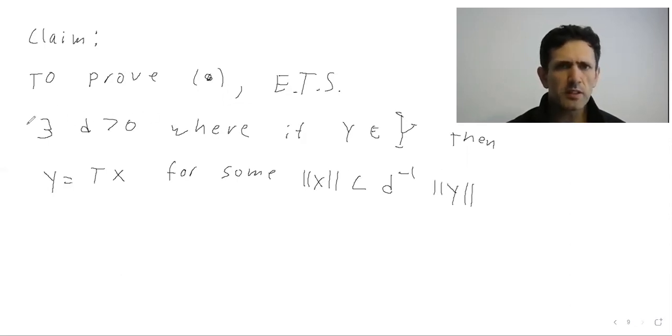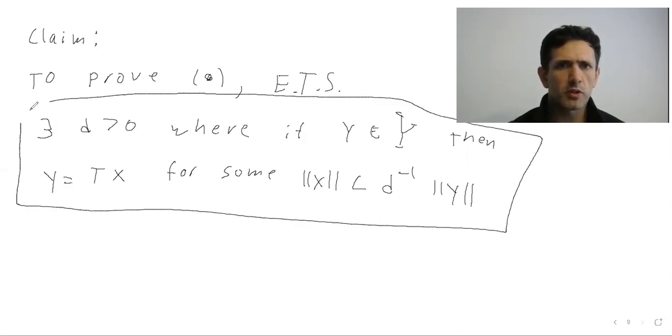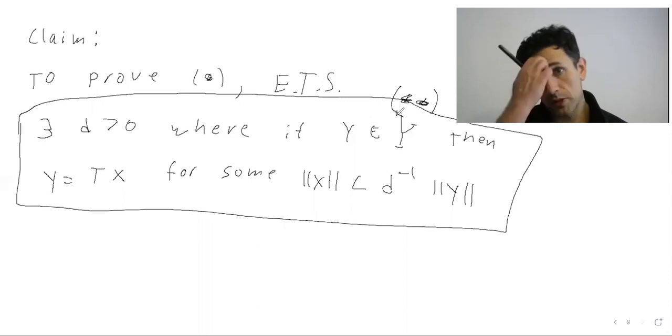Okay, and this is just a really kind of trivial reformulation, but it's extremely useful for us because you can iterate this, as we'll see in a moment. So I'm going to call this star star.